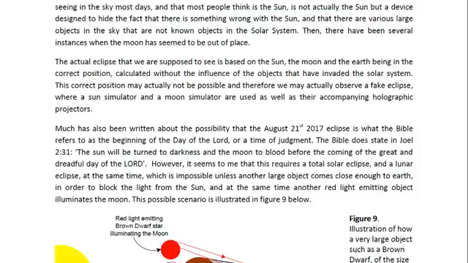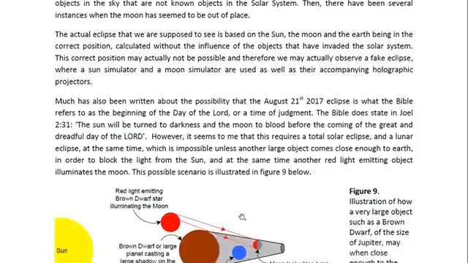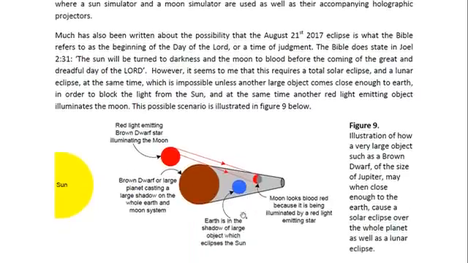So the scenario that we may have then is a large object being between the sun and the Earth and being close enough to Earth to cast a large shadow over the Earth and the moon, and then possibly another object somewhere that is able to cast light onto the moon.